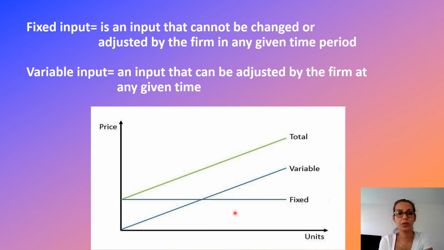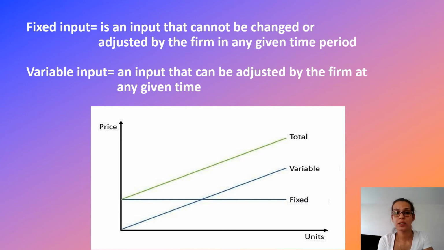The variable input has room to change. The line can shift up or down with the addition or subtraction of the variable inputs. By adding the variable and fixed inputs, you get the total input.